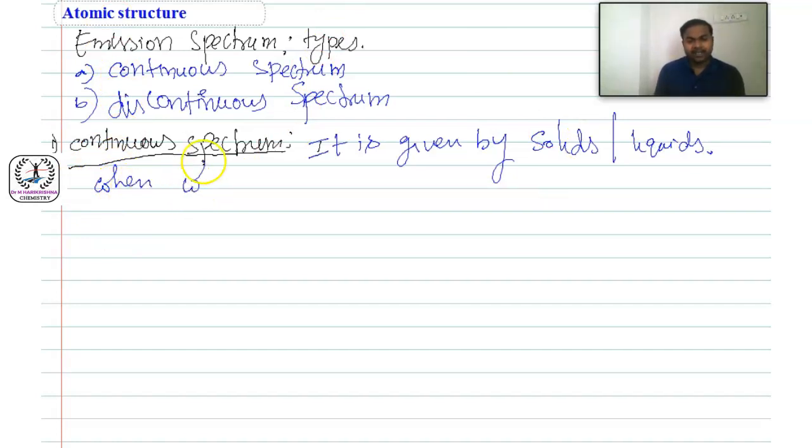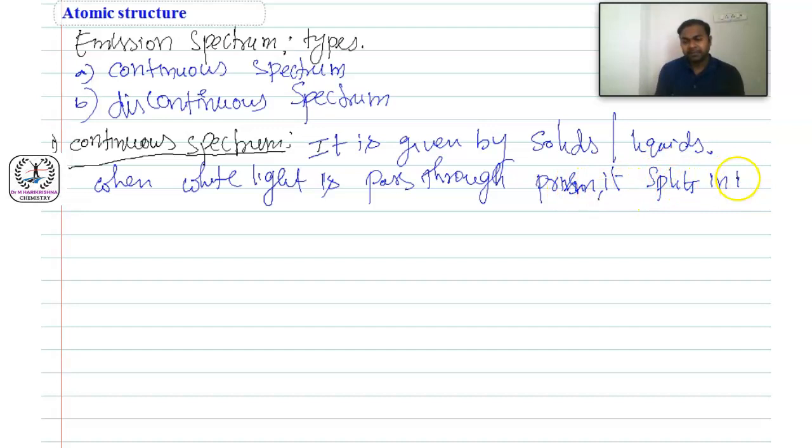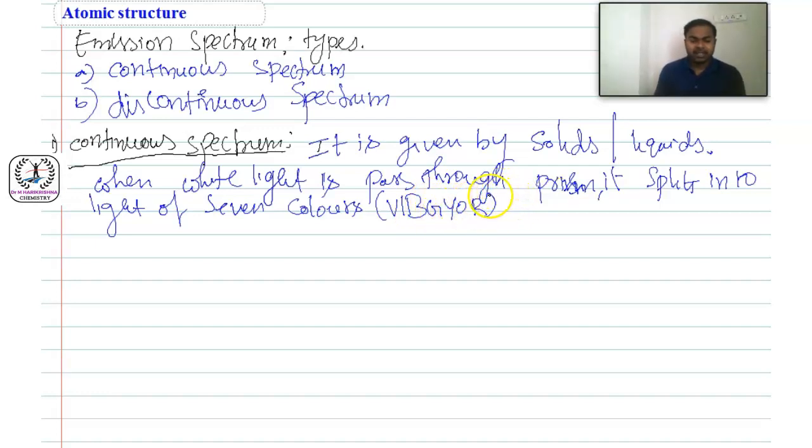When white light is passed through a prism, it splits into light of 7 colors, namely VIBGYOR.